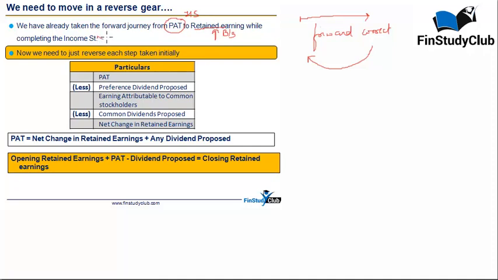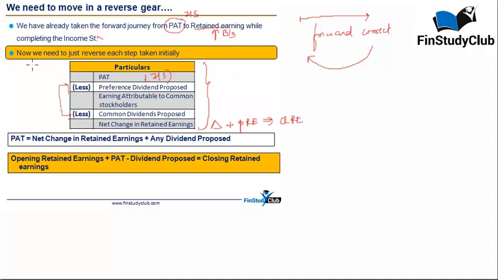Your PAT would have come from the income statement, from which you would have deducted the dividends, A to preference shareholders and B to common dividends, which is common equity, and then is your net change, the delta, which is added to the opening retained earnings to make it closing retained earnings. So the short point I'm driving home is, you've already done this.